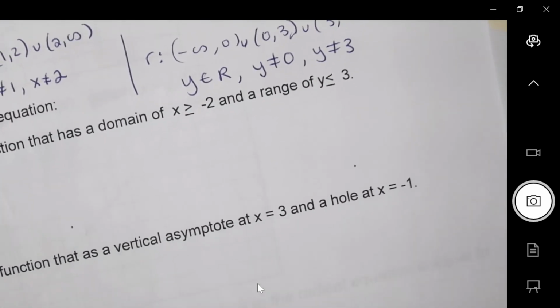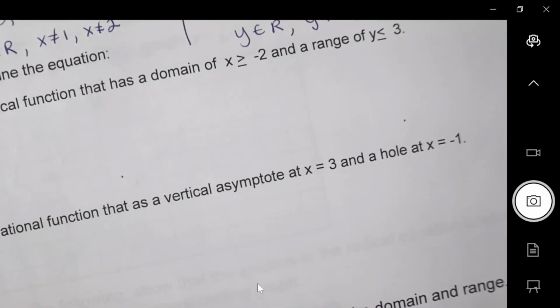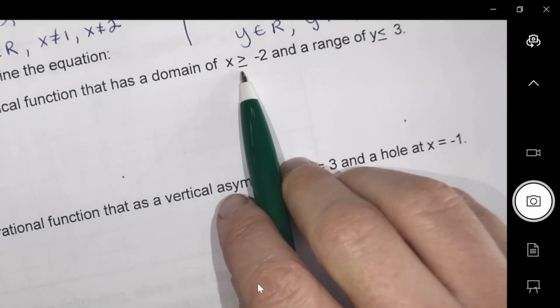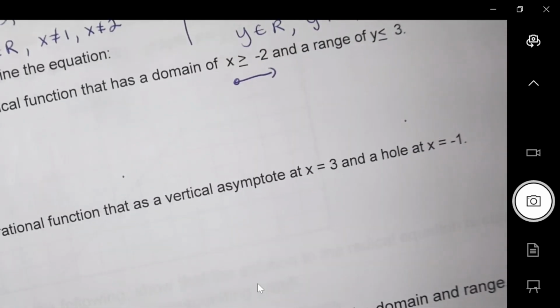Okay, let's move on to now some radical stuff. We have a domain that is bigger than or equal to, so we are going that way. We're bigger than, we're heading to the right.